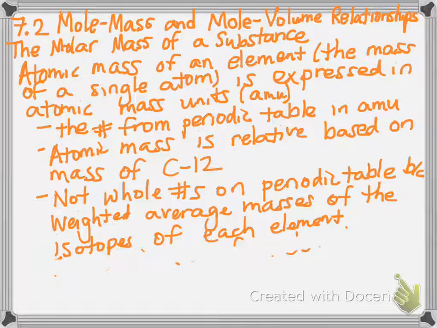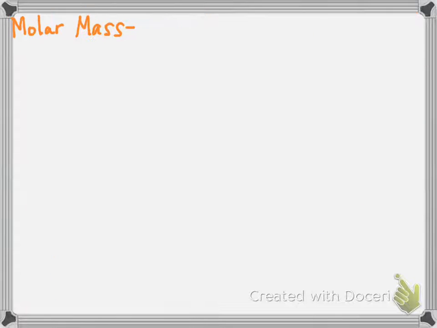So again, we're just talking here about what those numbers are on your periodic table that you learned back in Chapter 5, about the fact that this was an average atomic mass. It's taking into account all the different isotopes of that element, and it's comparing all the elements to carbon-12.